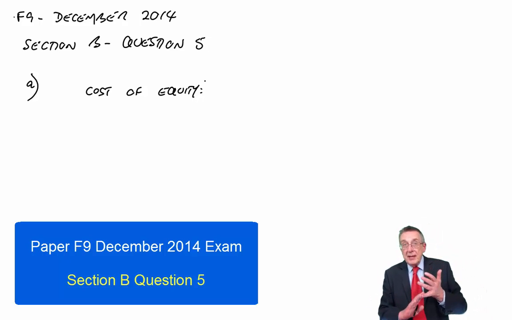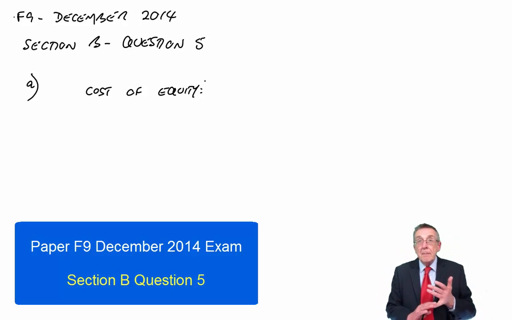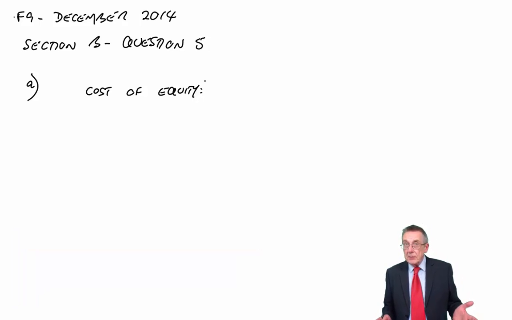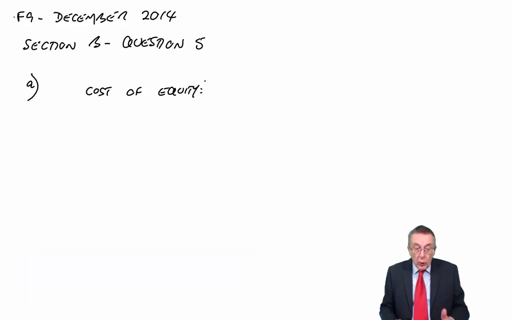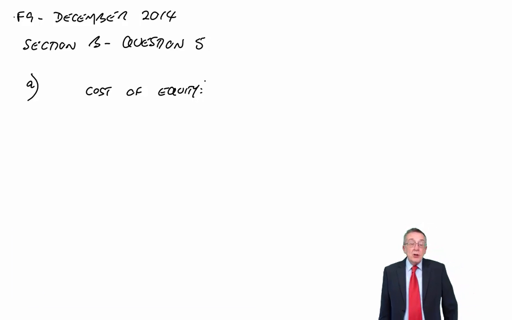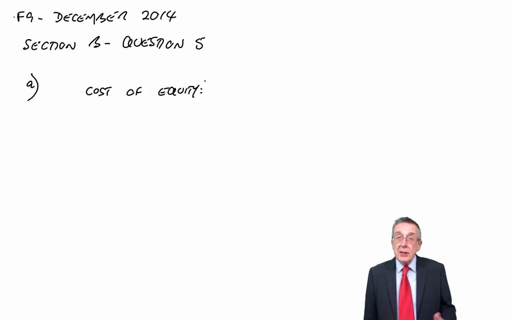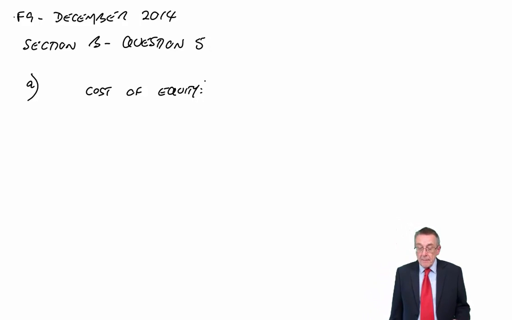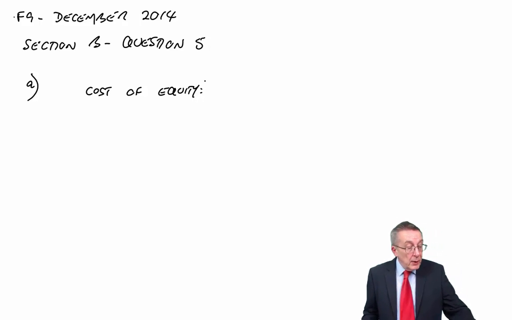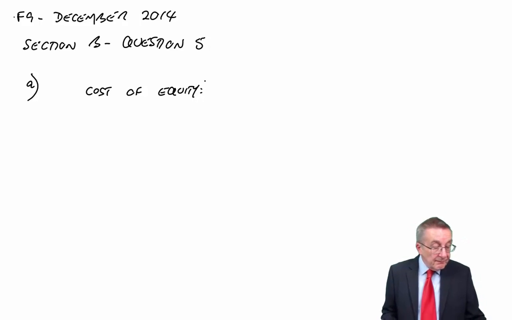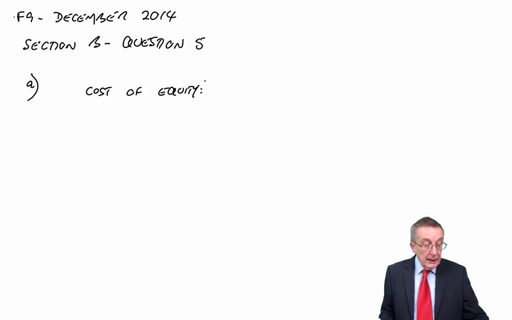Either he gives you betas, as we're given here, and we can use the capital asset pricing model. Or if you're not given beta, you'll be given information about current dividend and growth rates, and you can use the dividend valuation formula. However, here we are given the beta, and we're given the equity beta.